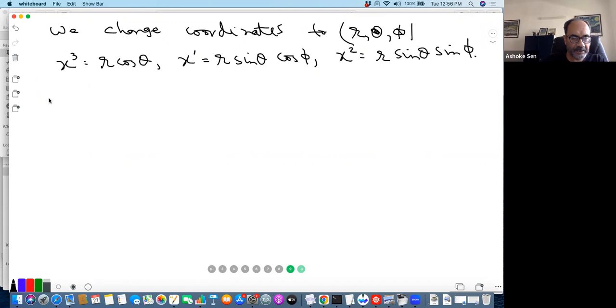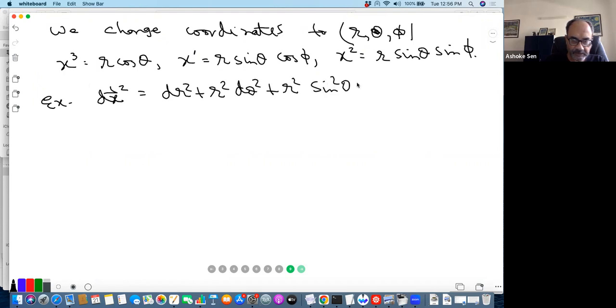I'll leave it as an exercise to check. The first one you already know: this will be dr squared plus r squared d theta squared plus r squared sine squared theta d phi squared.